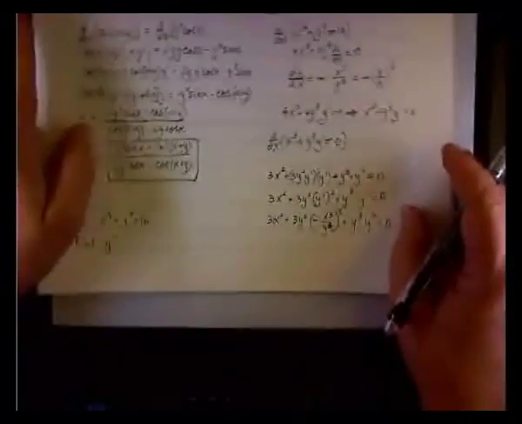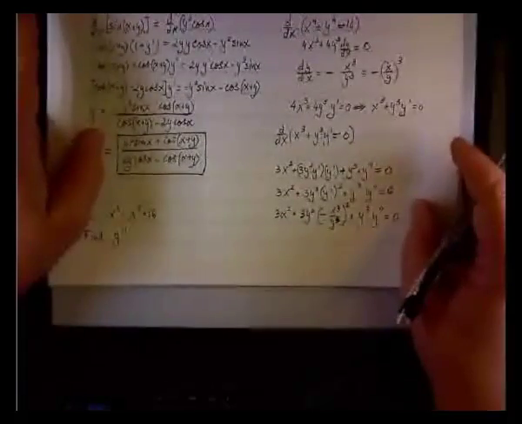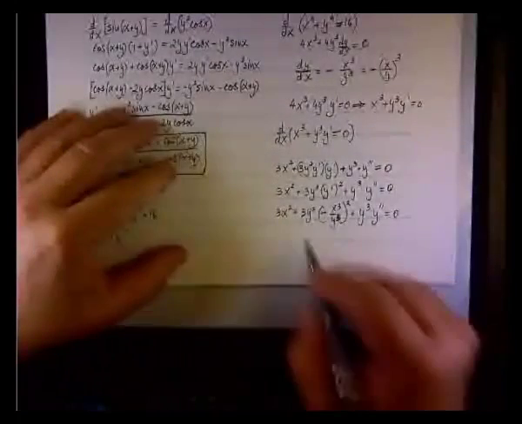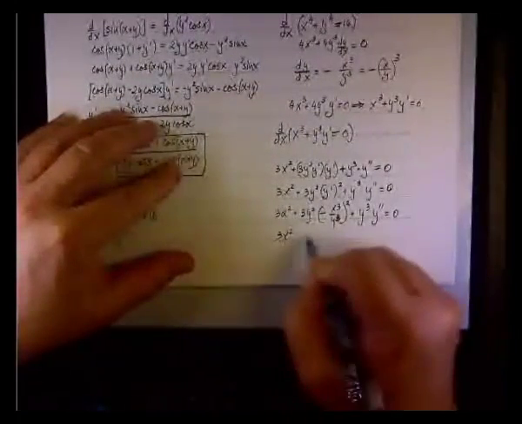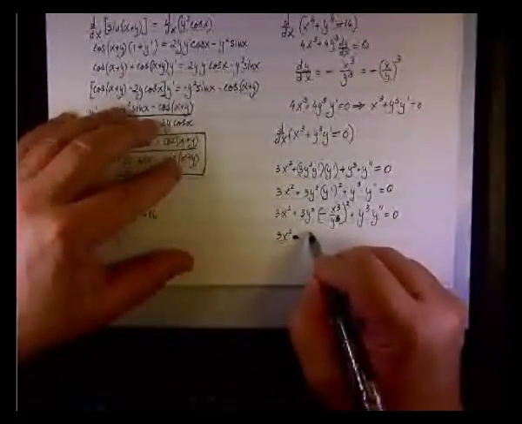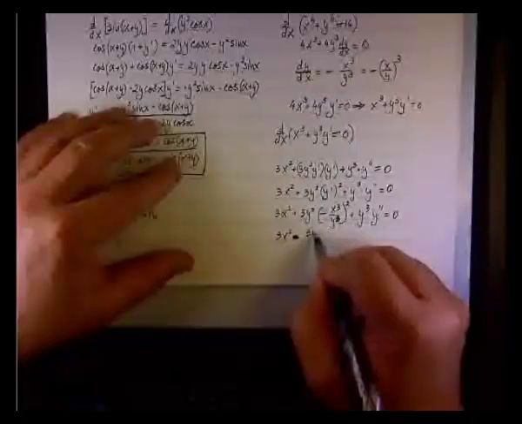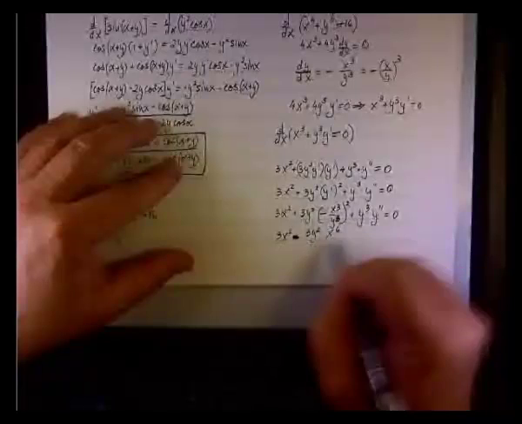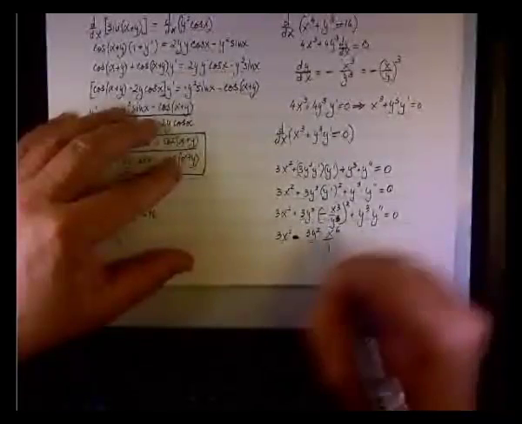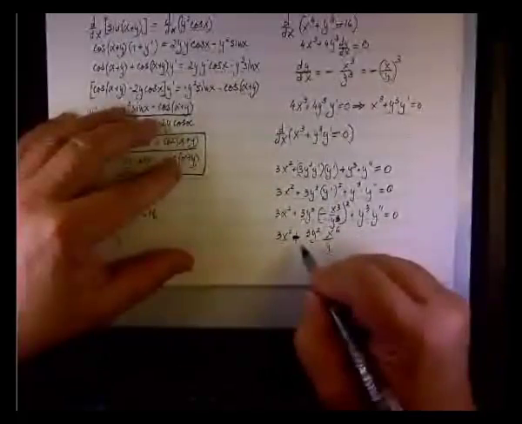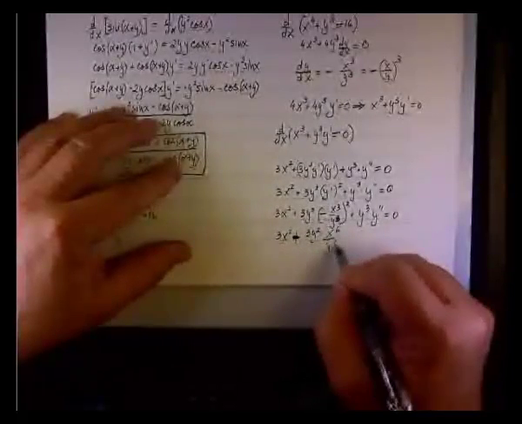So let's see where we stand right now. We have 3x squared plus 3y squared times x to the 6 divided by y to the 6. And actually, we still have plus, because negative squared is positive. We didn't lose it.